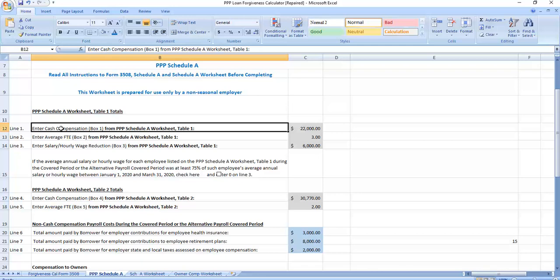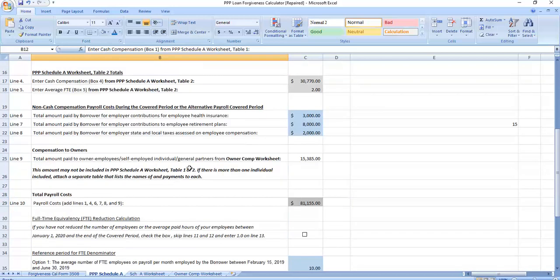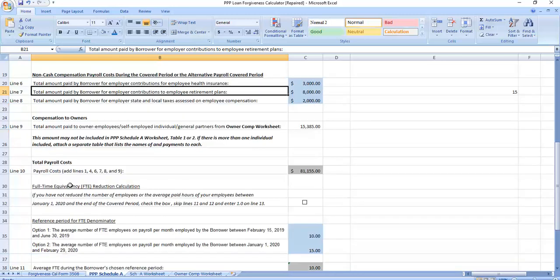If you look at the form 3508 and do a search for compensation, you could read what is included in the compensation. Now these are other than compensation, like the health insurance, retirement, employer contributions towards the health insurance, employer contributions towards retirement plan, and employer state and local taxes assessed on each employee. So these are the amounts.